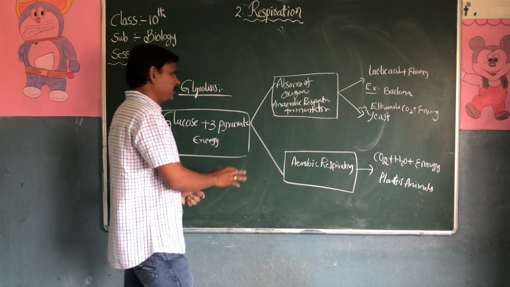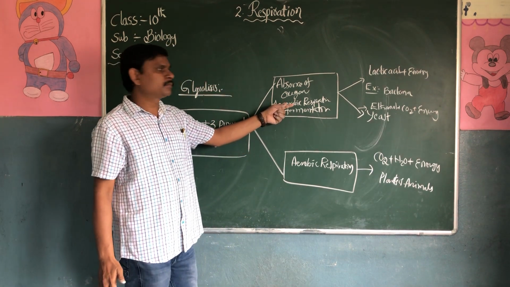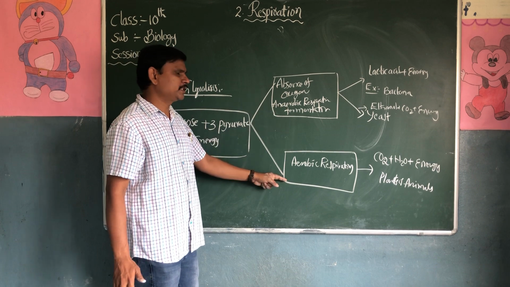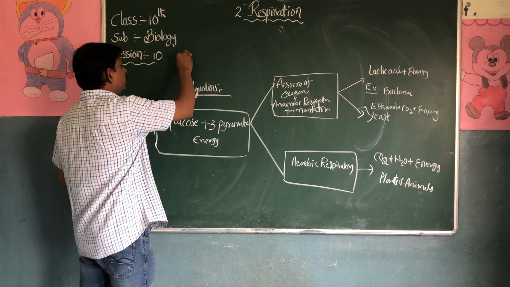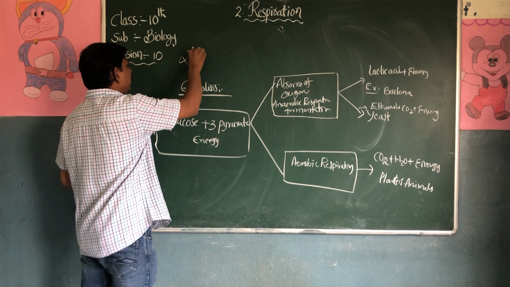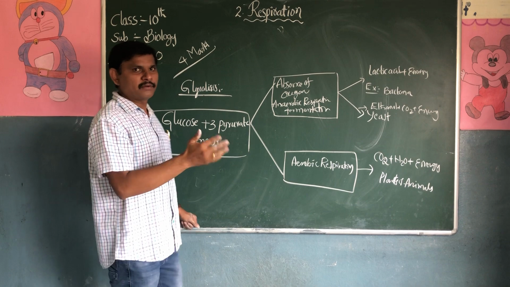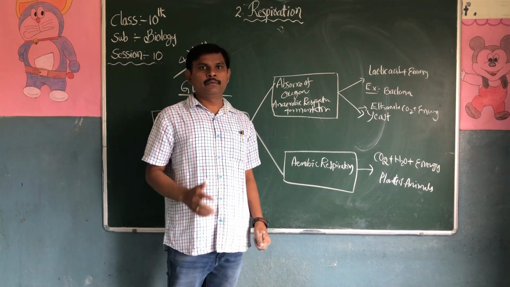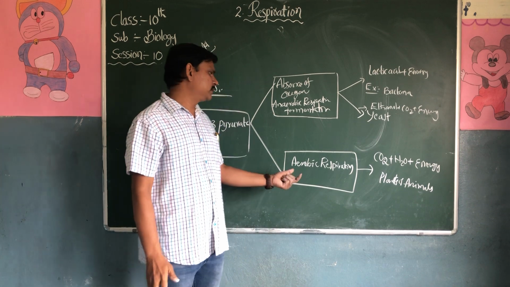This is the difference between aerobic and anaerobic respiration. Answer, a 2 marks question, very, very important. The pathway of cellular respiration: when the glucose is broken down, how the steps or events occur.